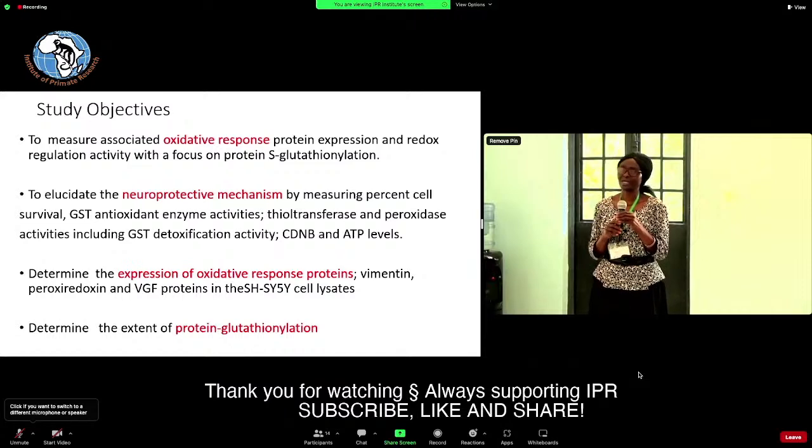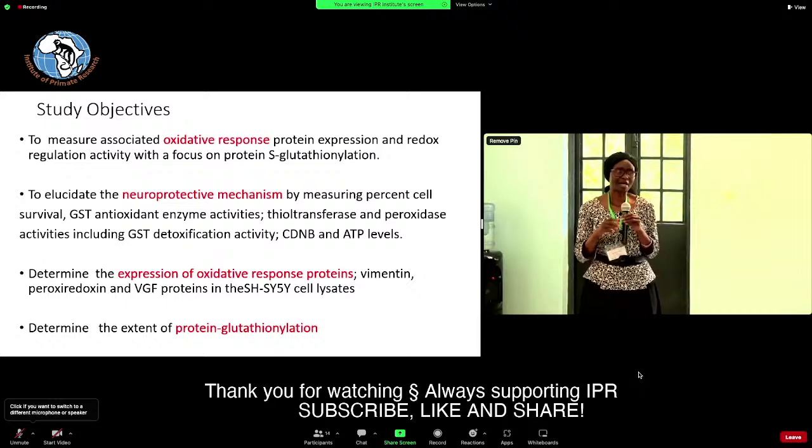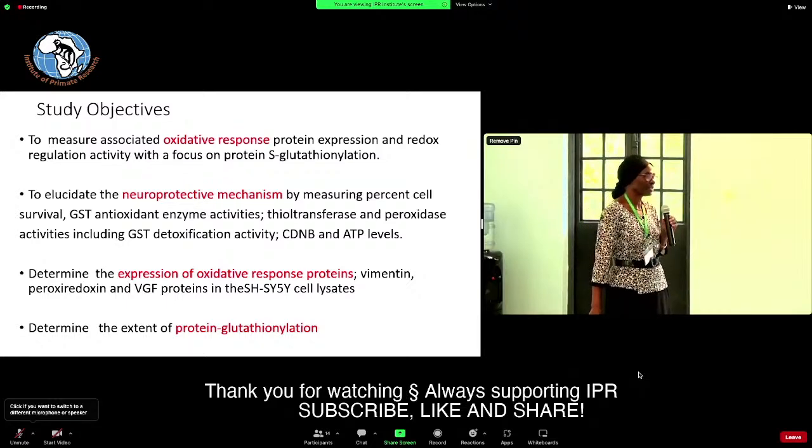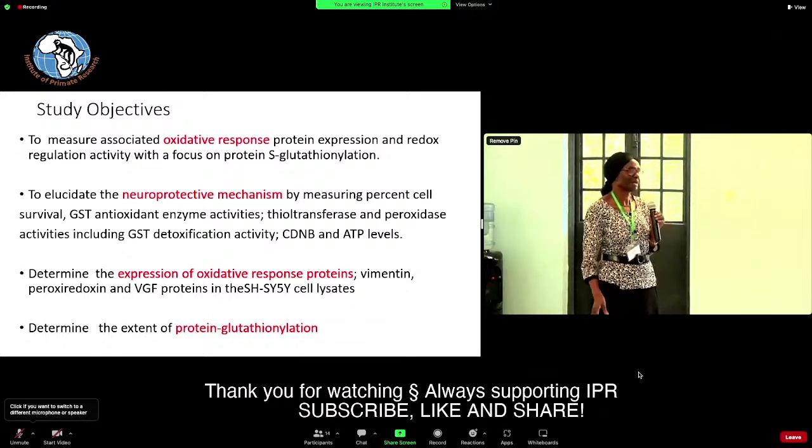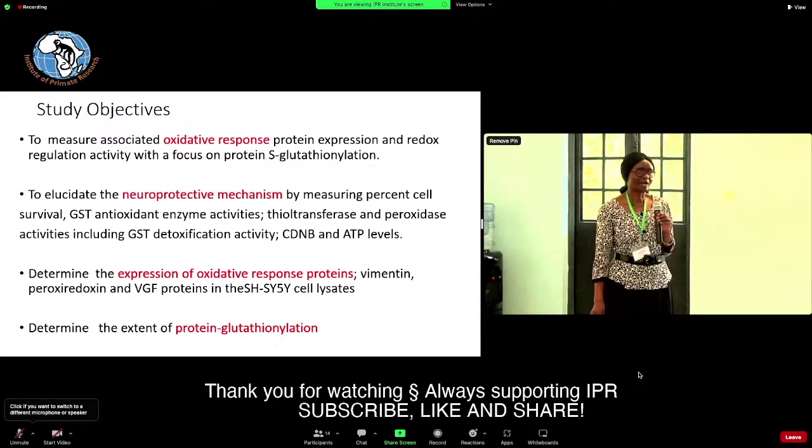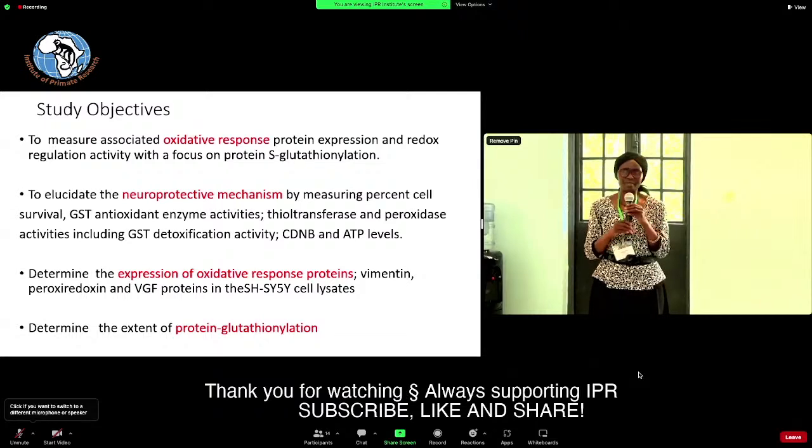So the study objectives were to measure the oxidative response, to find out if the root extract, which is what they were using, can alleviate oxidative stress, which you'll recall is one of the seven or so pathological areas in Parkinson's disease.